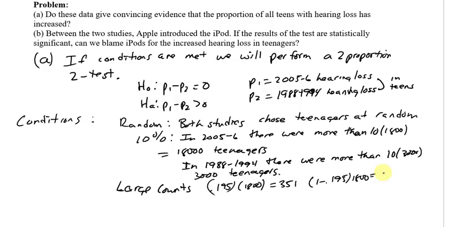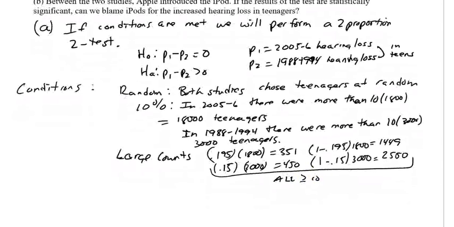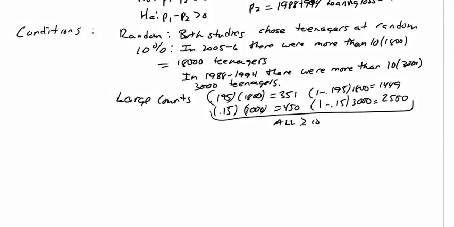And then 0.15 times 3,000 is 450. And 1 minus 0.15 times 3,000 equals 2,550. Okay. All of these are greater than or equal to 10. So now we do our calculations.